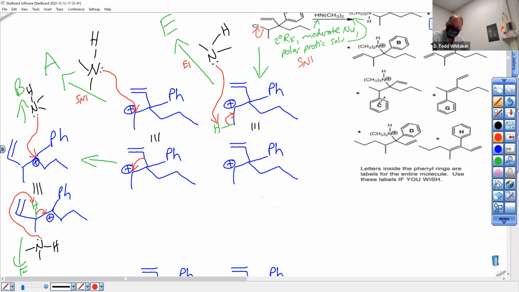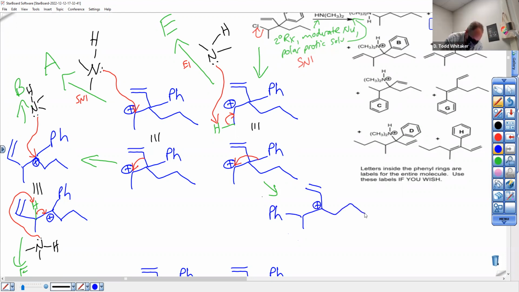The phenyl. And you can do that right here. The phenyl takes its electrons and goes next door. And that's going to go to the species here. And the phenyl's over here. Cation's here. Yeah.